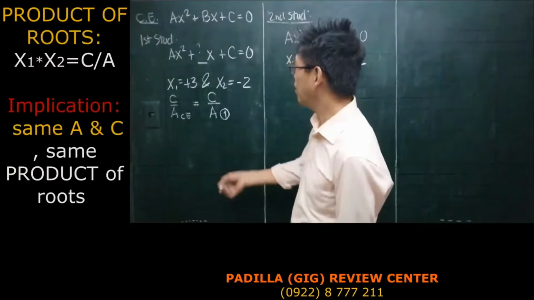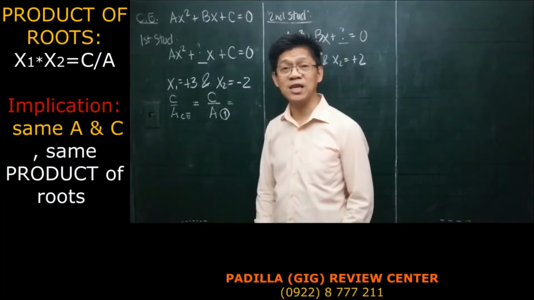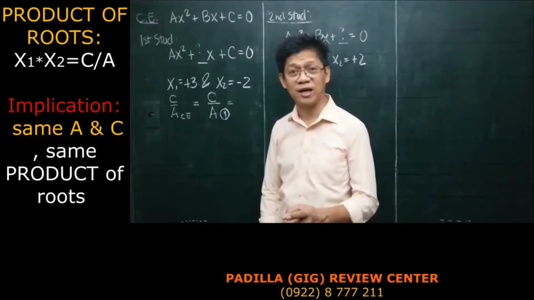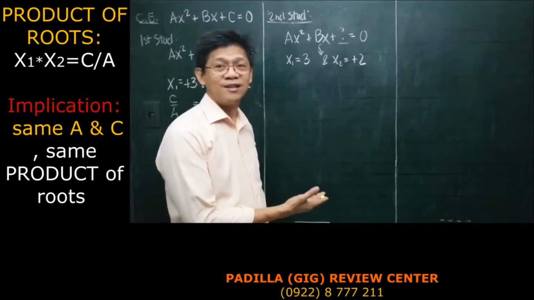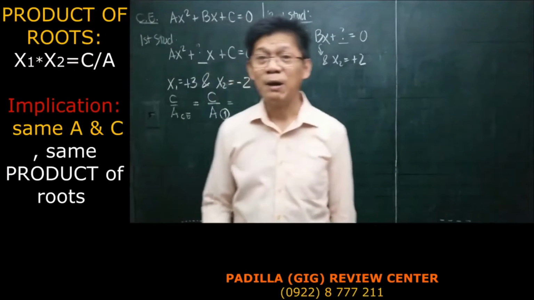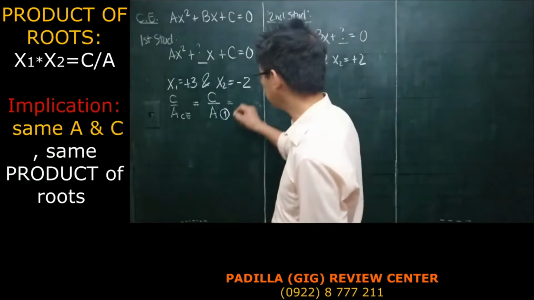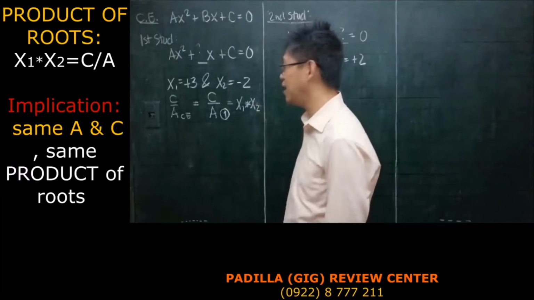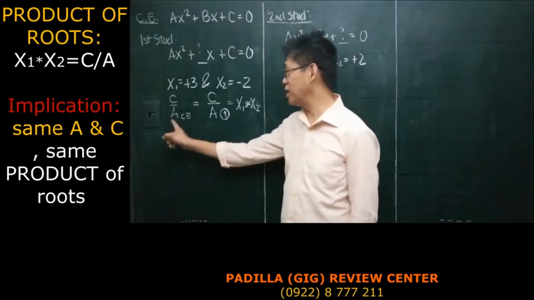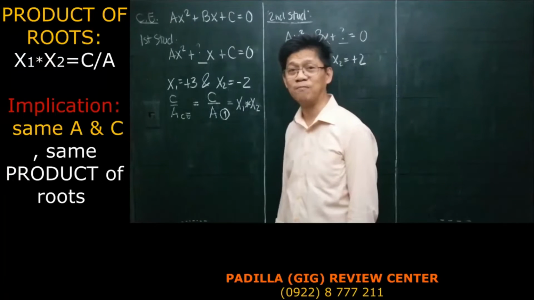Now, so, we said that from our derived equation, that C over A of a quadratic equation is equal to what? It's equal to the product of roots. So, this is the same as x1 times x2 of the original equation and also of the first student's equation.